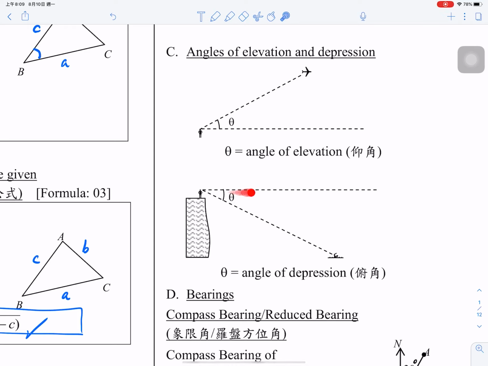However, if you have the horizontal level and look down to some position, this angle we call the angle of depression. That means one looks down and one looks up. These two kinds of angle will appear in some questions in practical problems.